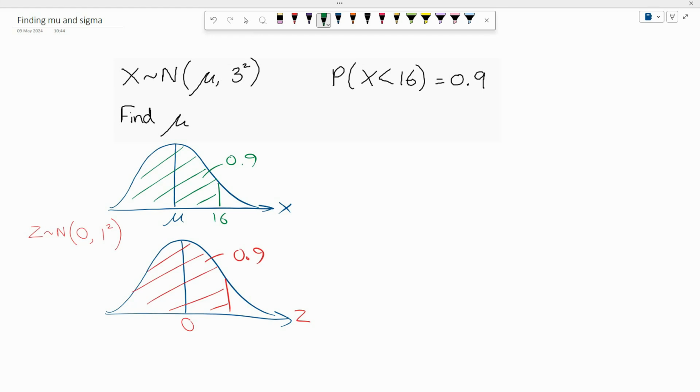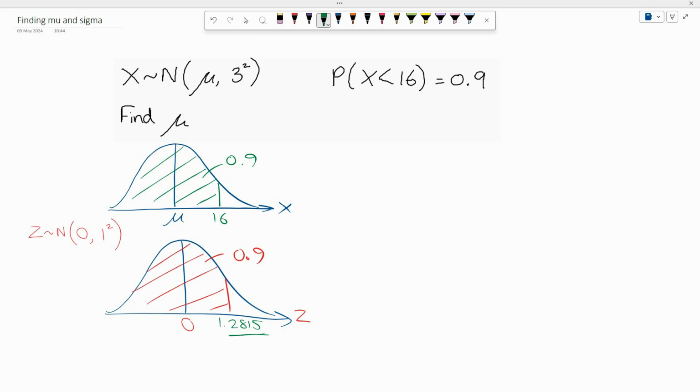You'll probably find your whole curve is shaded in. But if you go across to the right and change your probability to 0.9, essentially creating this picture here I've drawn in blue and red, you get 1.2815. What that means is 16 is 1.2815 standard deviations from the mean.